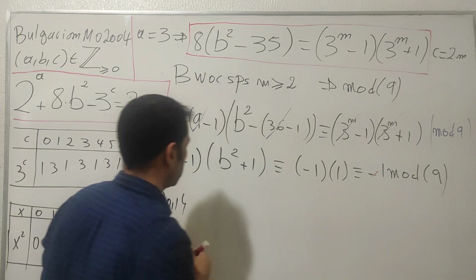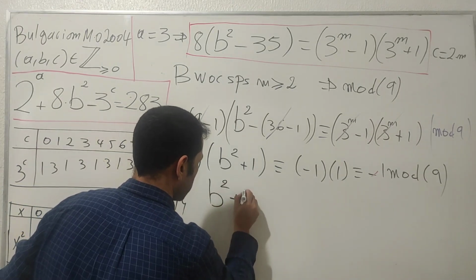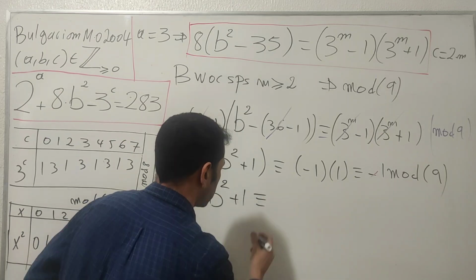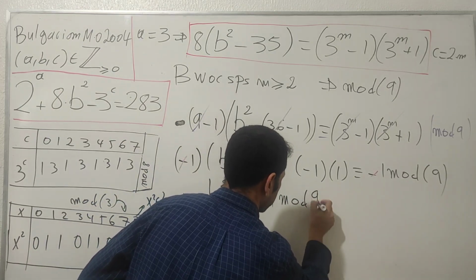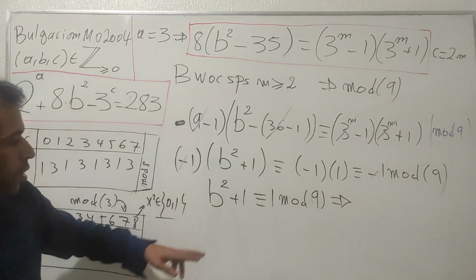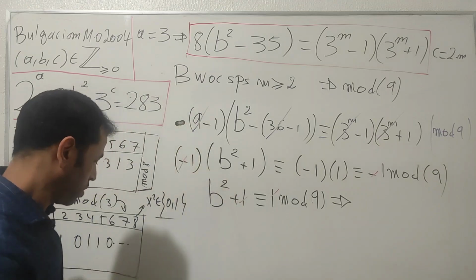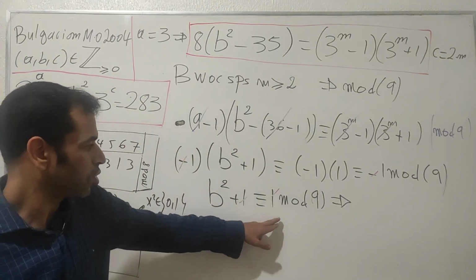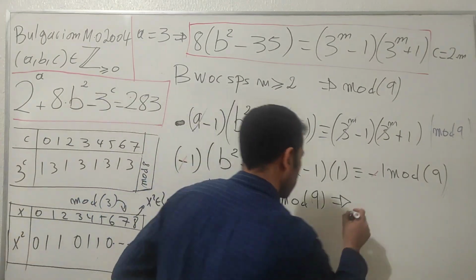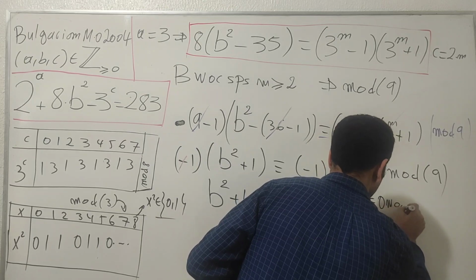I will be left with b squared plus number 1 congruent to 1 mod 9. Since we get number 1 here, I'm going to cancel number 1 from the left and the right. So I will be left with b squared congruent to 0 mod 9.